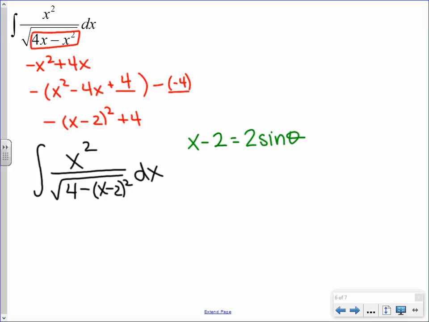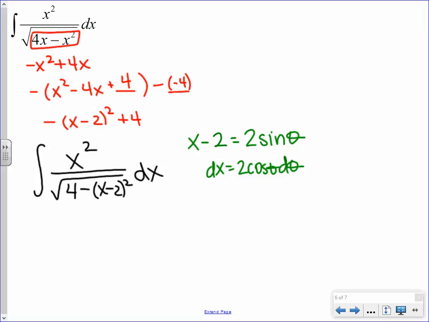Interesting, right? Which means dx is 2 cosine theta d theta. So x equals 2 sine theta plus 2.